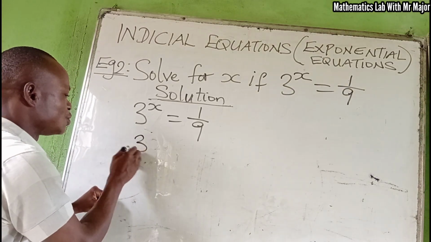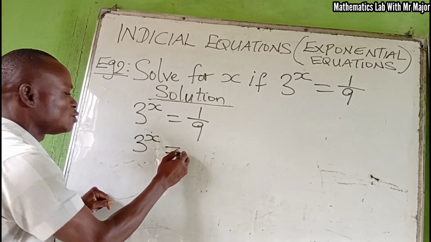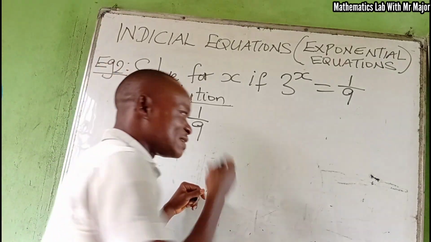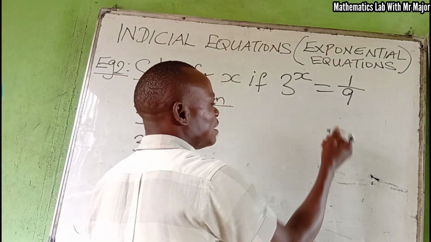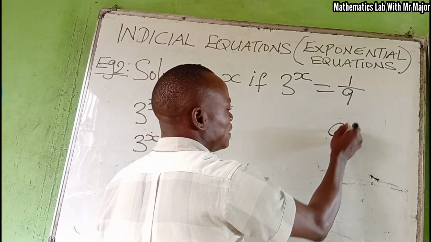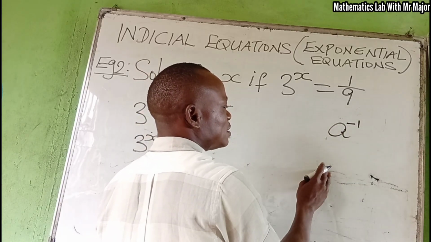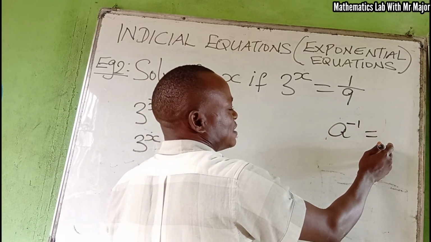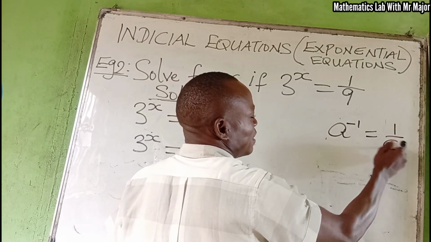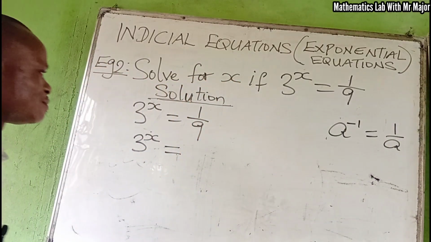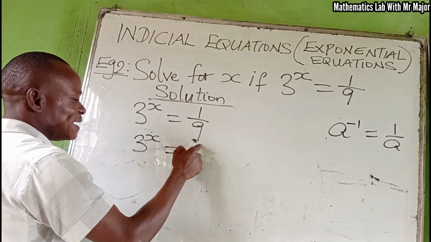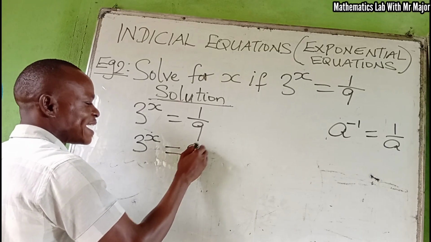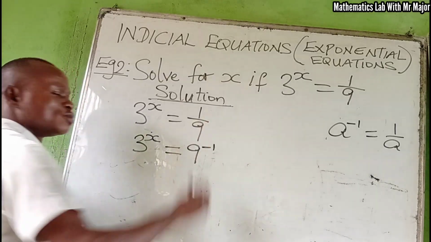Remember, the negative index law says that if a quantity, for example a, is raised to power minus 1, it is the same thing as 1 over a. So that means 1 over 9 is the same thing as 9 raised to power minus 1.